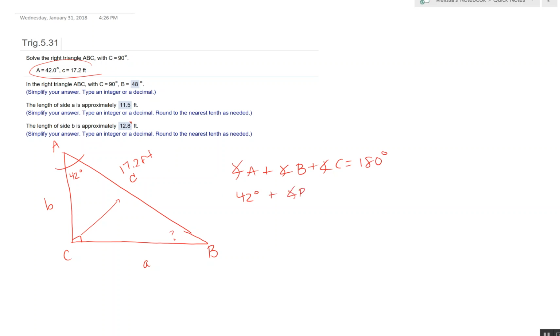I don't know angle B, but I do know that angle C is 90 degrees. So if I find the sum of 42 plus 90, I get 132 degrees. And so to solve for angle B, I just need to subtract that sum from 180 to figure out the missing angle. So 180 minus 132 gives me a measure of 48 degrees for angle B.